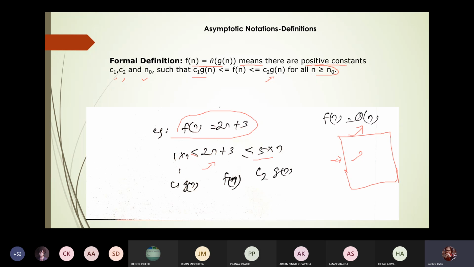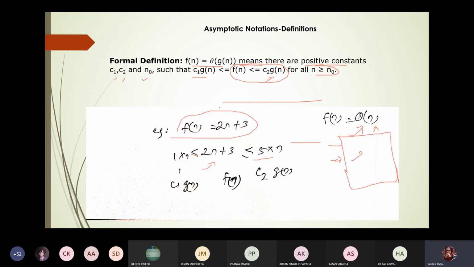If you are not able to find the average one, you can go for the upper bound or the lower bound case. This way we represent mathematically the asymptotic notations, be it big O, omega or theta. For theta notation, we have only one exact value.